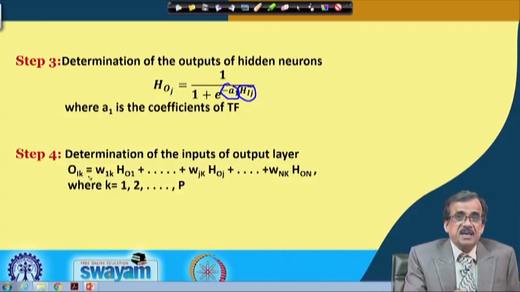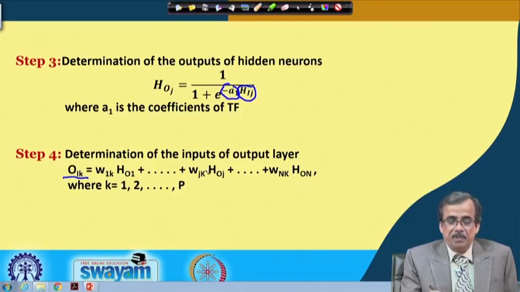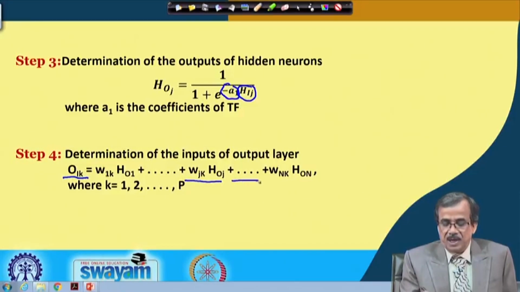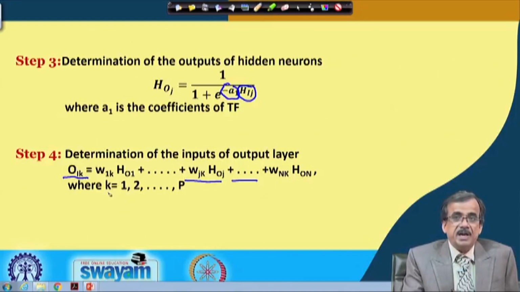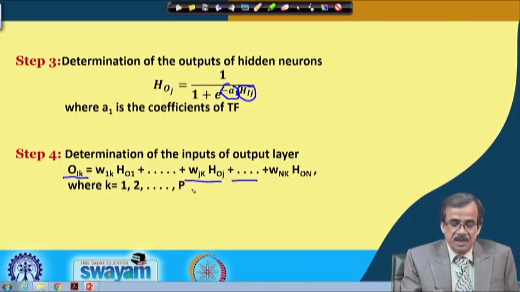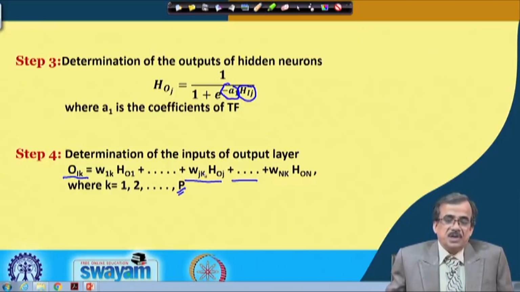This O_Ik is the input of the kth neuron lying on the output layer, and that is nothing but W1k multiplied by H_O1, plus a few terms here, plus Wjk multiplied by H_Oj, plus a few terms here, and the last term is Wnk multiplied by H_On. Here k varies from 1 up to capital P, and this P is the total number of neurons lying on the output layer.